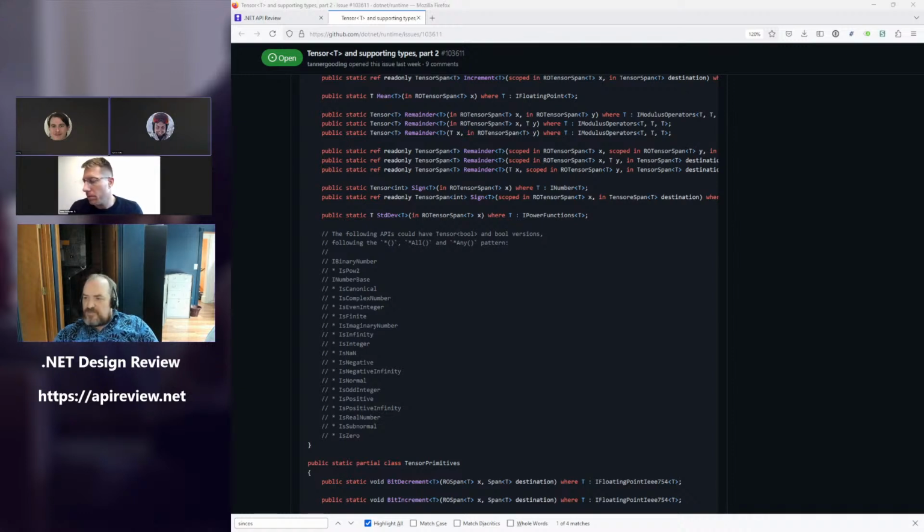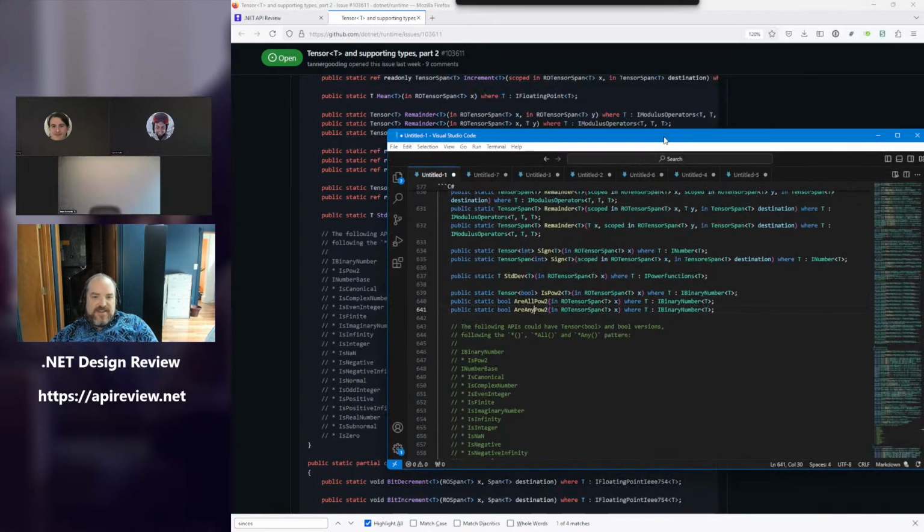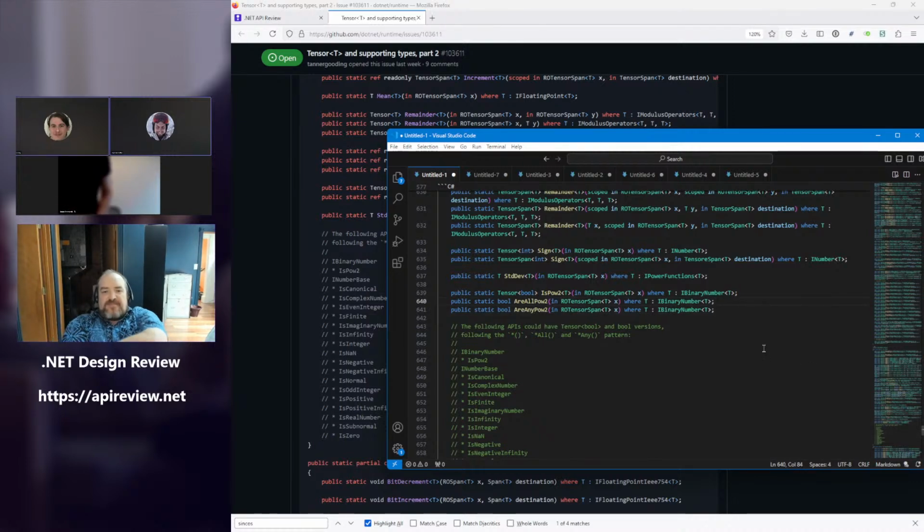Or if you really just wanted all greater than instead of having it as a suffix, but we didn't do that with the relational operators. Right, they don't have the greater than and is stuff. You could do element-wise isPow2, but then why didn't we do element-wise greater than or whatever?